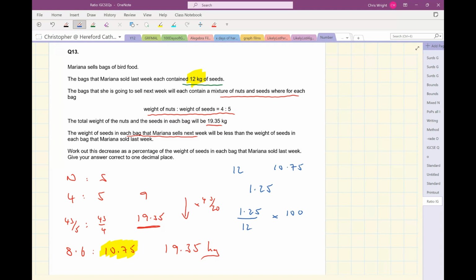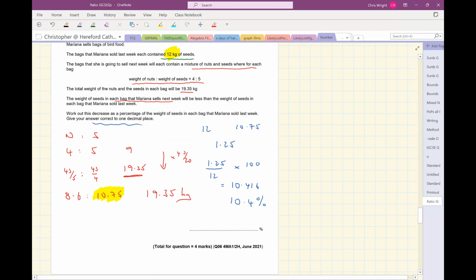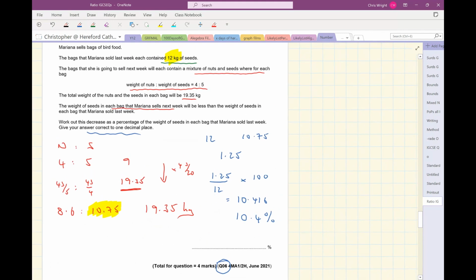So the decrease as a percentage is 10.416, but it says give your answer correct to one decimal place, 10.4%. Again, I think that's quite tricky. Okay, it was question 6, but I think that's quite a tricky 4 marks there.